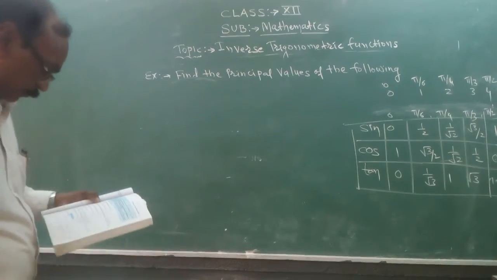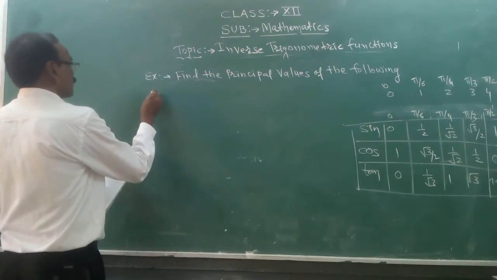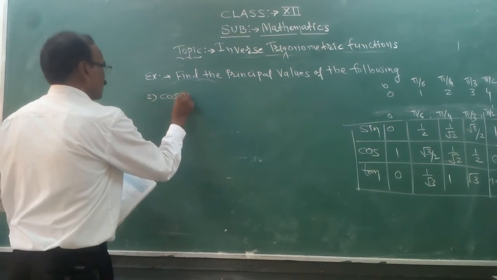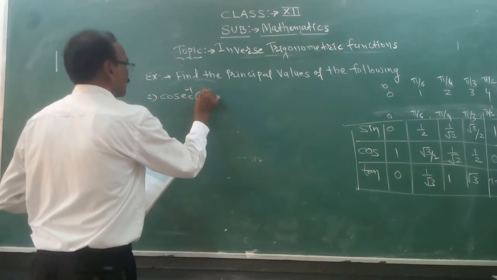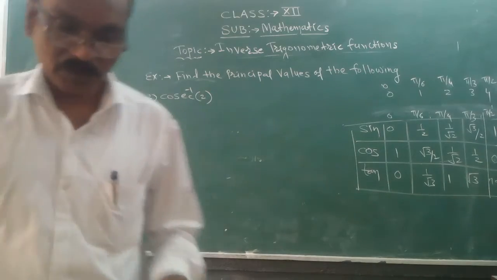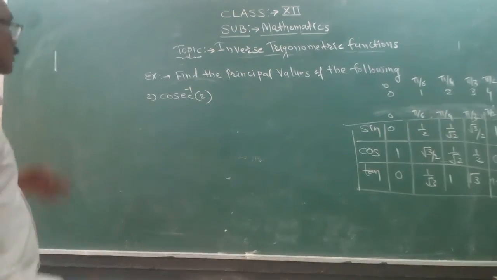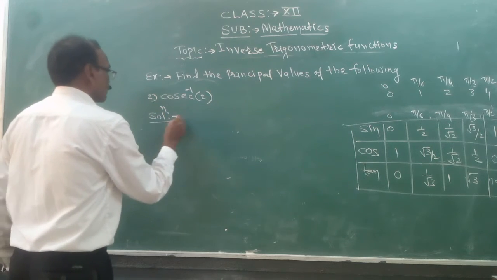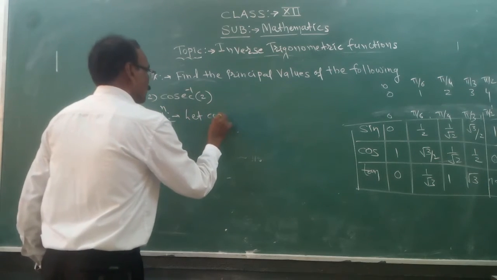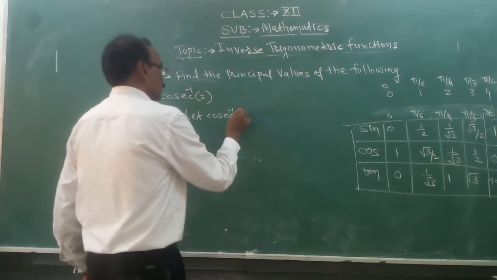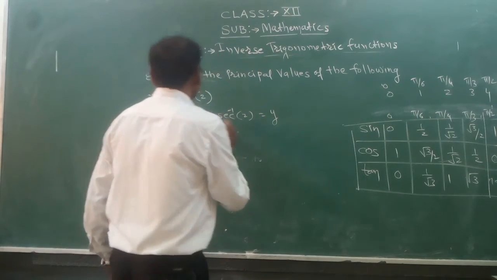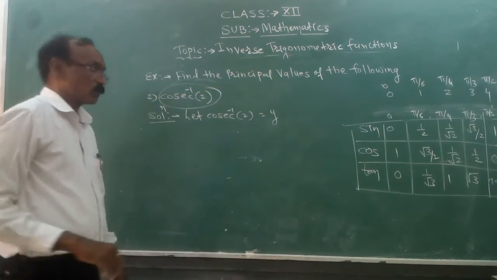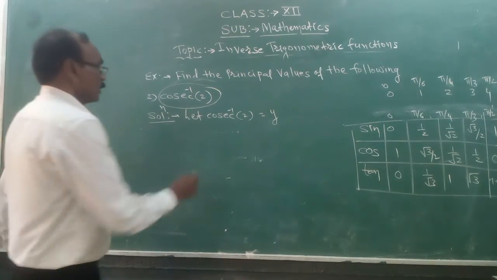Next example, cosec inverse 2. What is the principal value of cosec inverse 2? Solution: let cosec inverse 2 equal y. We have to find the value of y here.